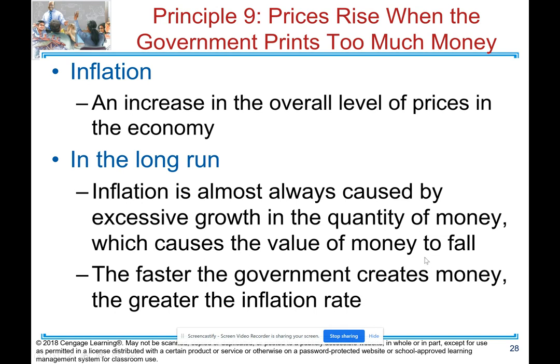There is an inverse relationship between the value of money and the quantity of money. Too much money, the value of money goes down. Too little money, the value of money goes up. The faster the government creates money, the greater the inflation rate.